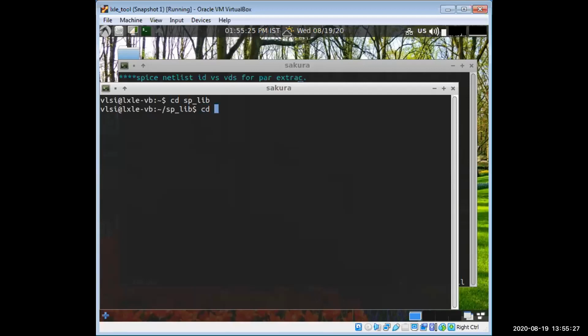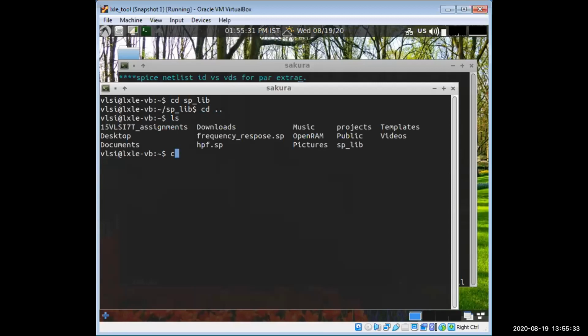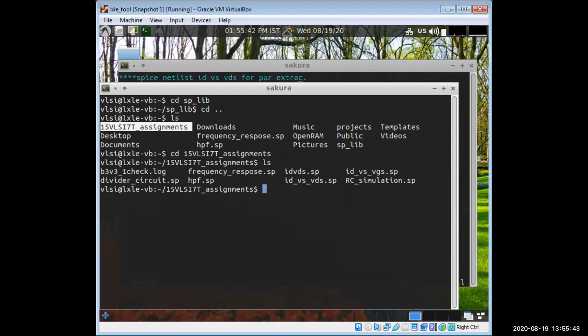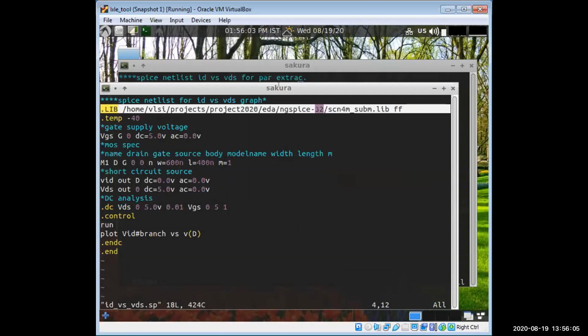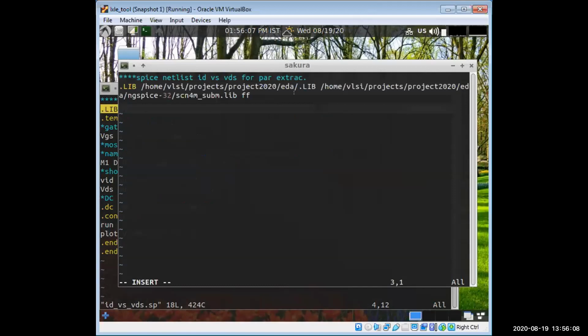Yes, this path. Just copy it from the previous class and give the path here.